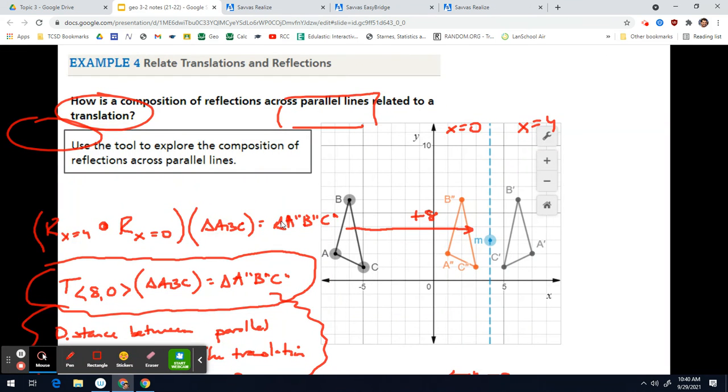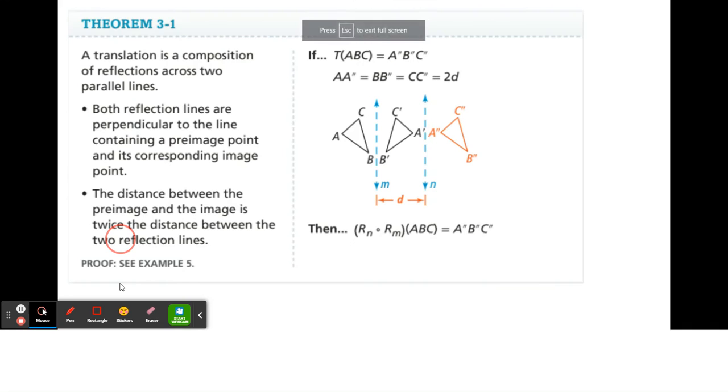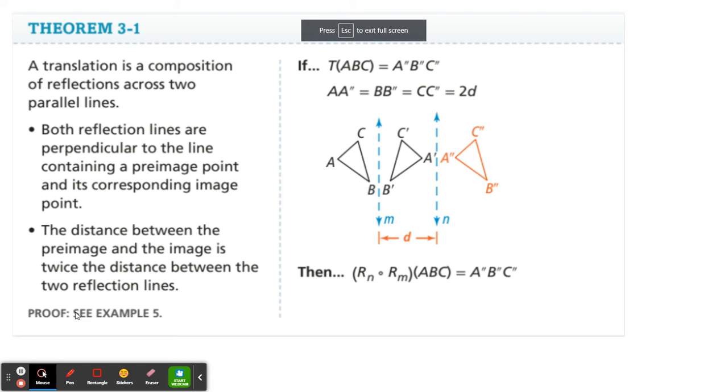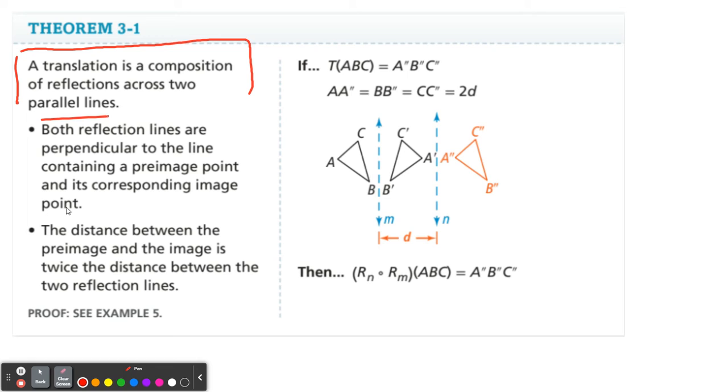All right, so back in the notes here, let's take a look at the general idea behind this. Okay, so again, if we're reflecting across two parallel lines, then the composition of that is a translation. And again, the idea is that you are going a distance that is twice the distance between the parallel lines.